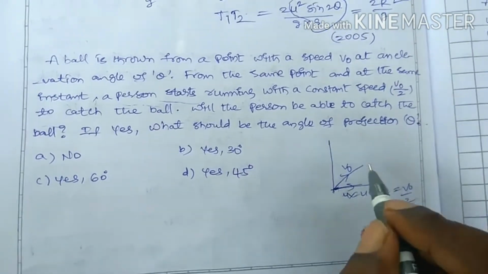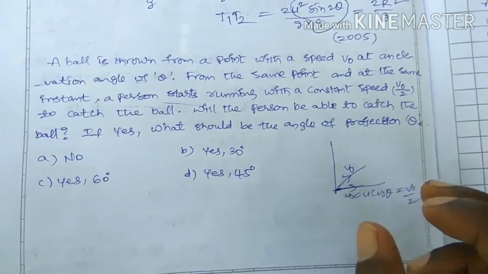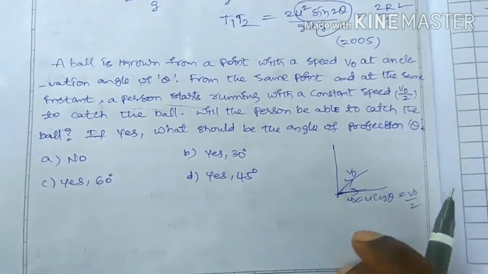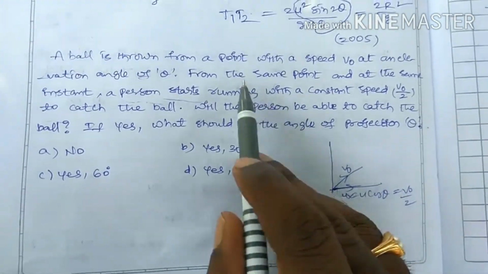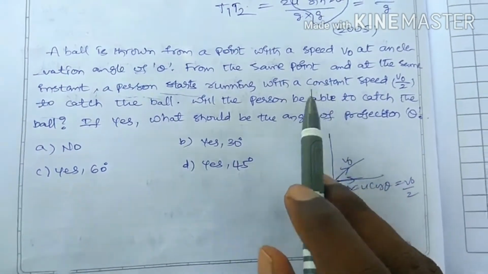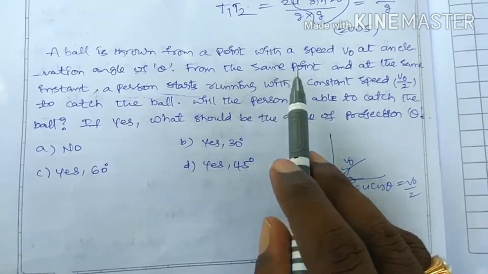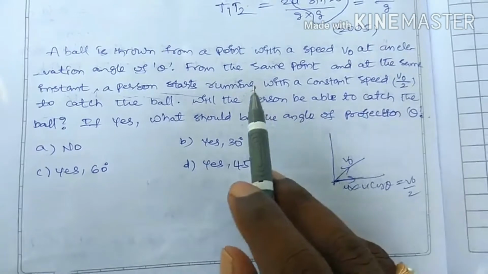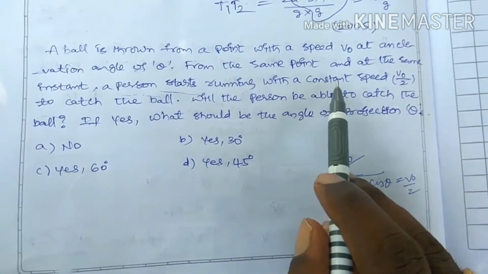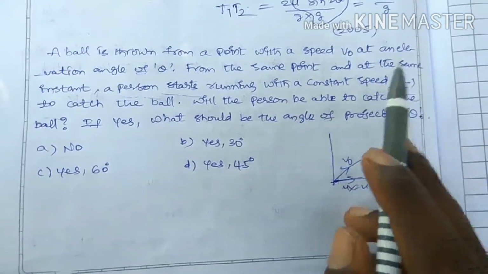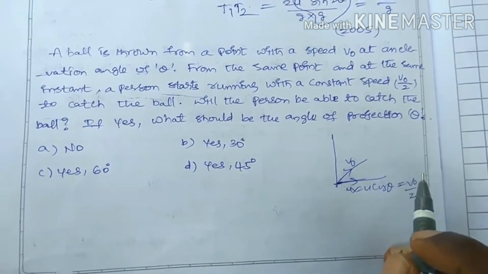If the man can catch the ball, what is the angle of projection? He can catch the ball because the horizontal component of the ball's velocity is equal to the constant speed of the person. So that's why he is able to catch the ball.